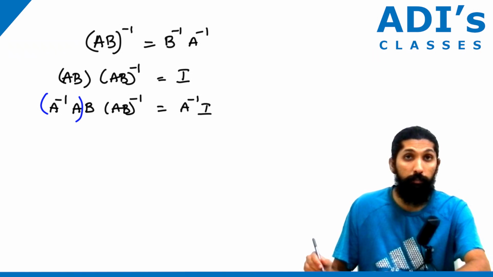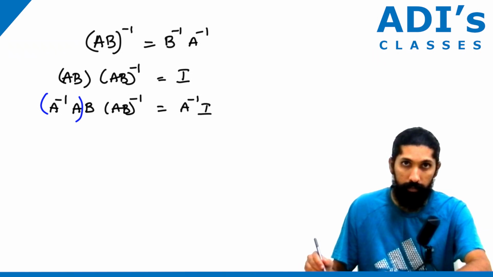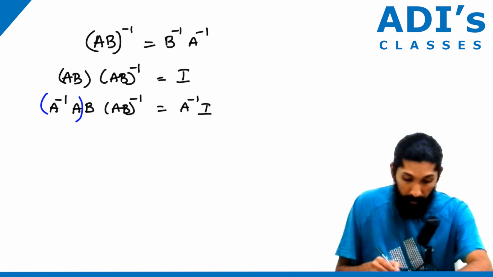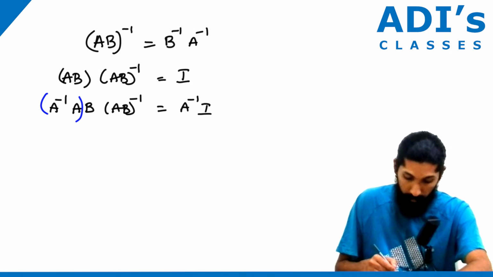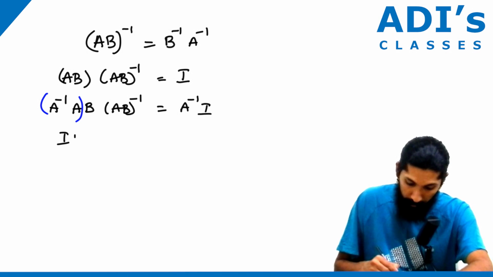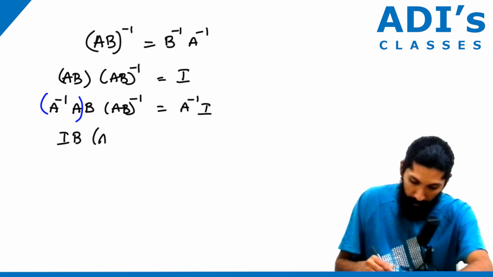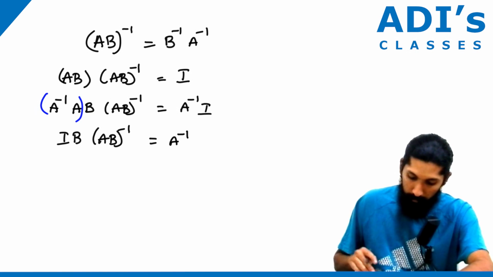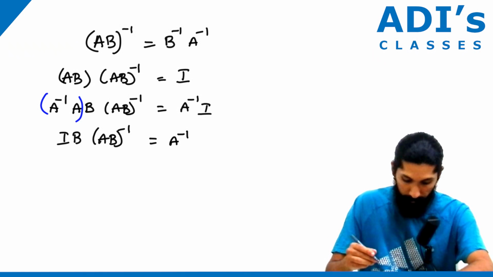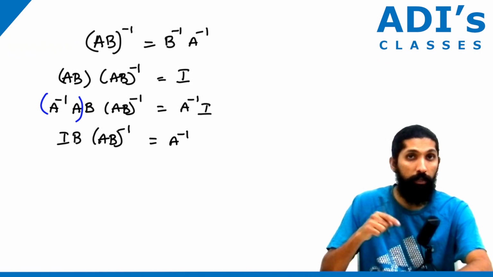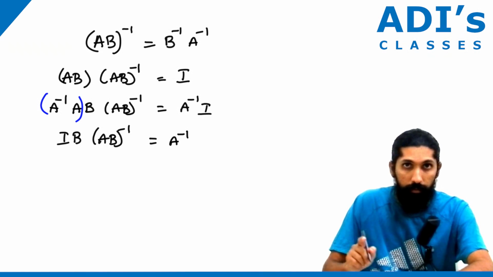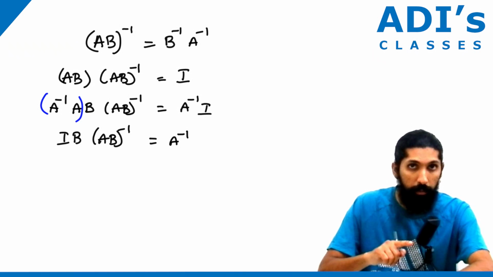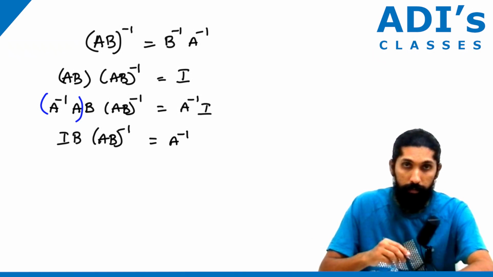Now see here, I'll combine these two, just the bracket. Remember, matrix multiplication is associative, isn't it? So A inverse into A is I. So I into B into (AB) whole inverse is equal to A inverse into I, which is A inverse itself. Now I into B is B itself. Now you multiply both the sides by B inverse.